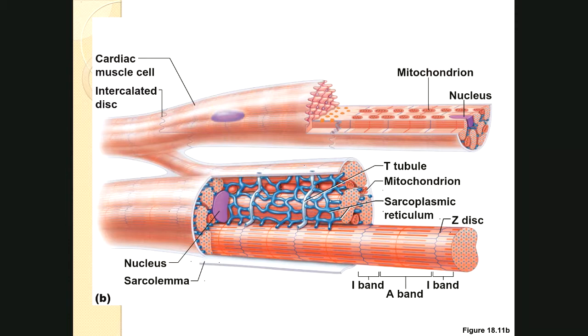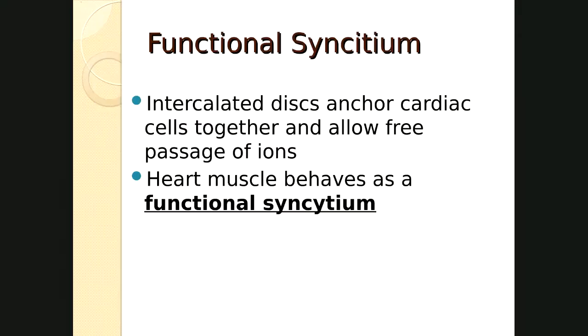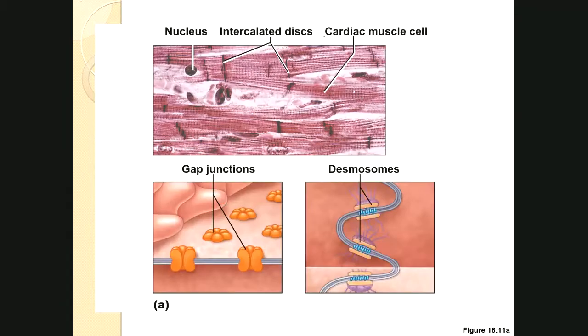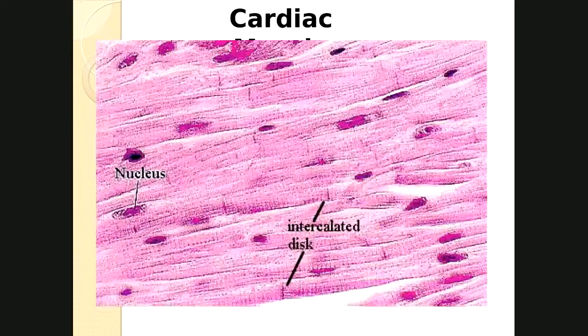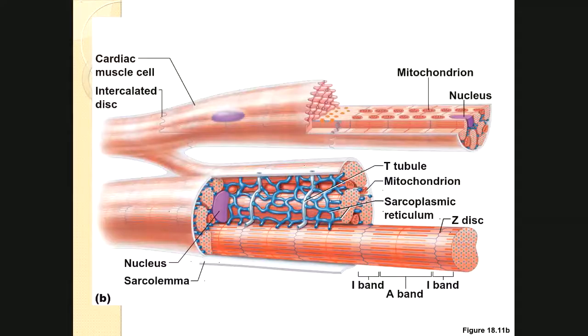Well, if we take one of these cells and look at it, it looks like this. So this is a diagram of one of these cells right here. So if we blow it up and look at it, it looks a lot like a skeletal muscle cell. Look, it's got sarcomeres in it. And it has I bands and A bands and all of that stuff.